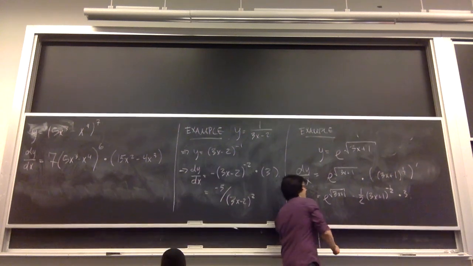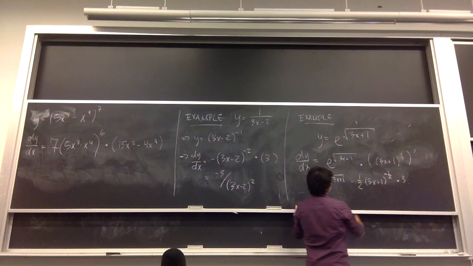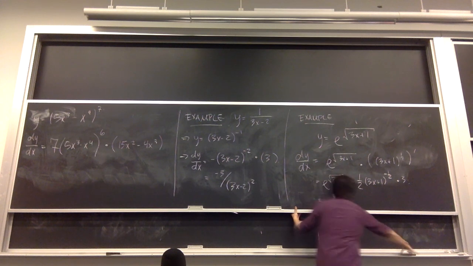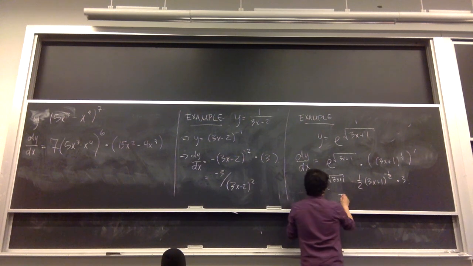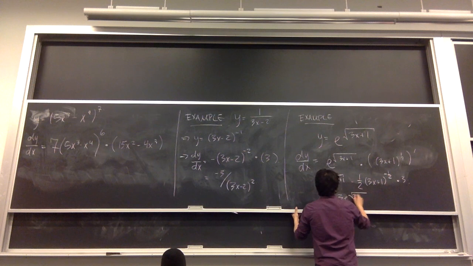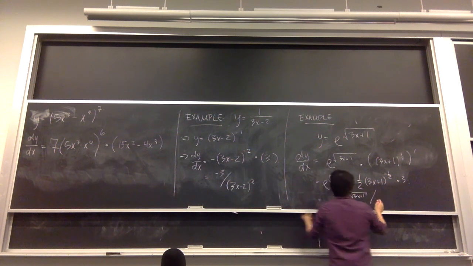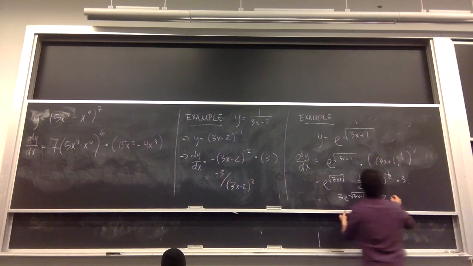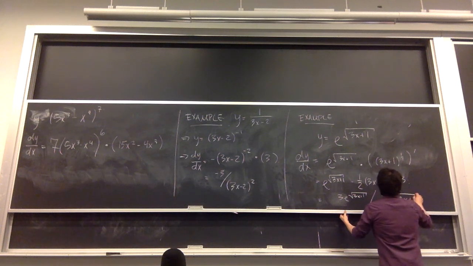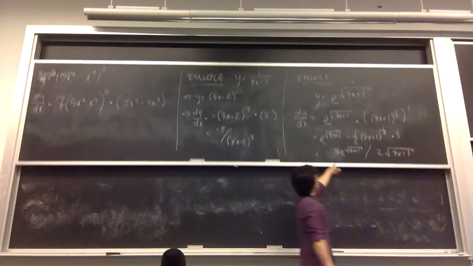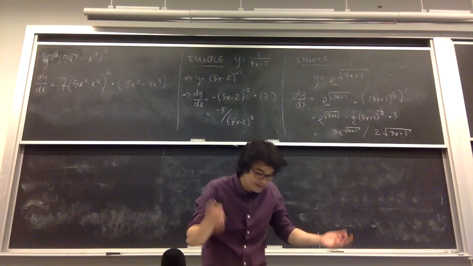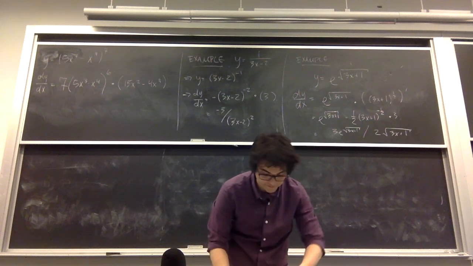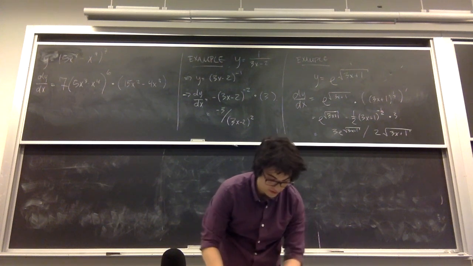Maybe I'll write this by removing the negative exponents. It's 3e to the square root of 3x plus 1 over 2 times the square root of 3x plus 1. It's not too tough, this stuff, as long as you go slowly.